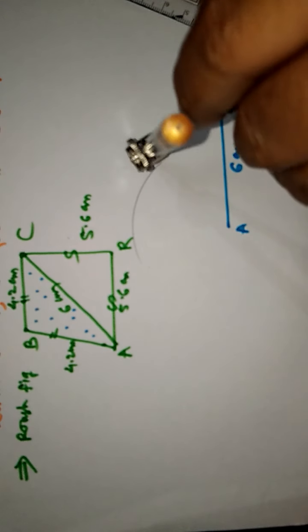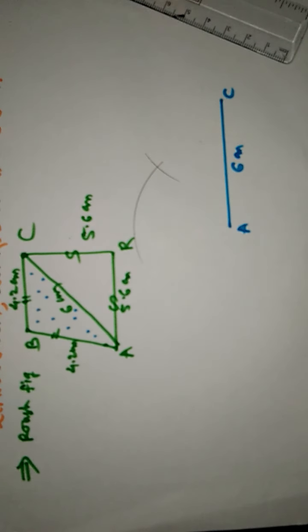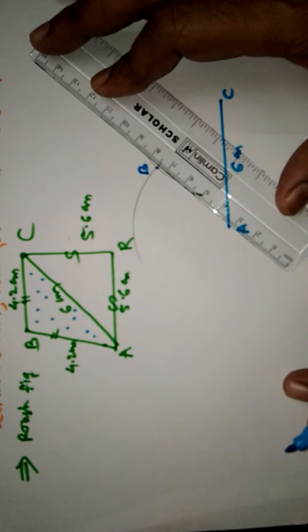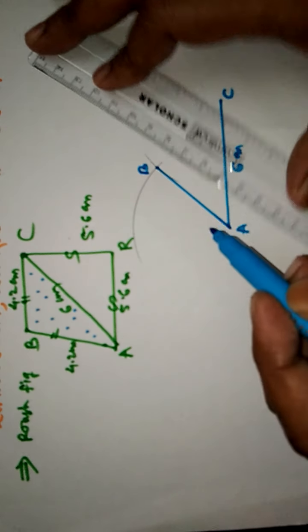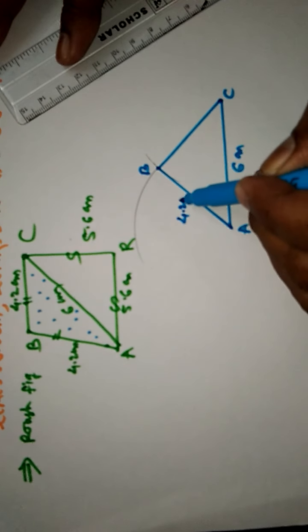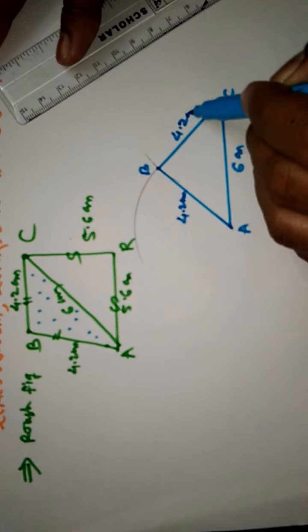So we draw and intersect this arc. Where it intersects this arc, name this point B. So we construct this triangle ABC. This is 4.2 cm, this is 4.2 cm.